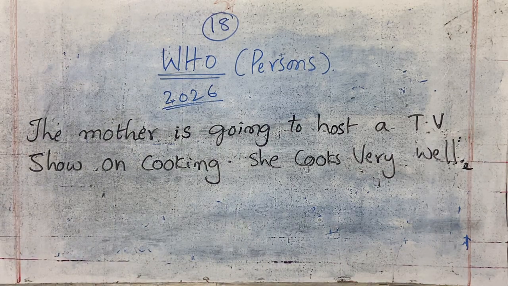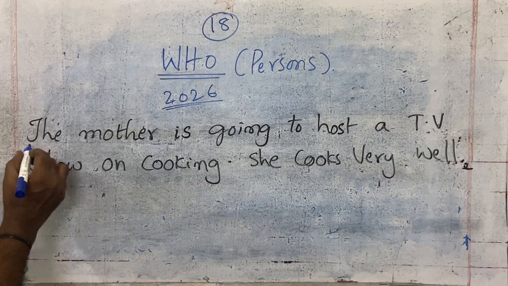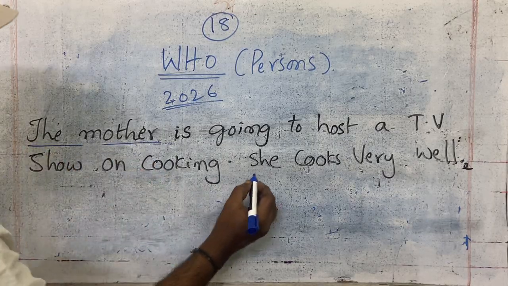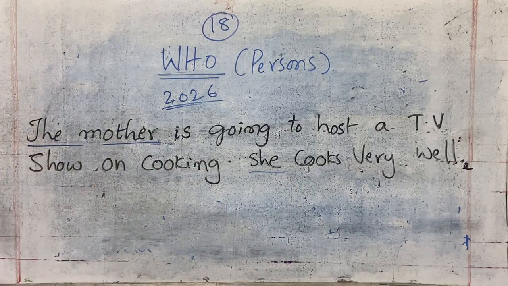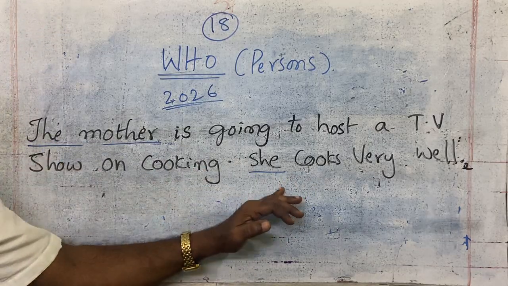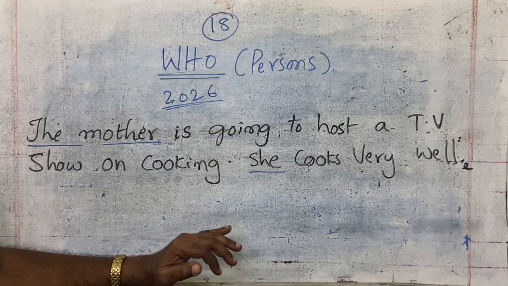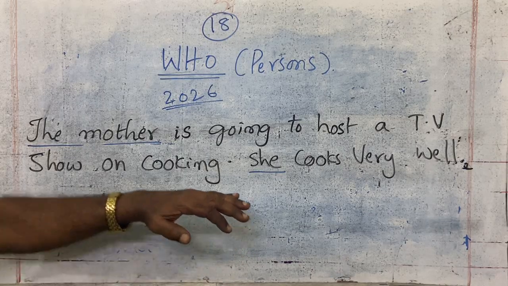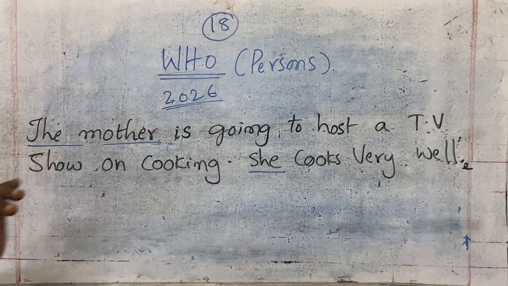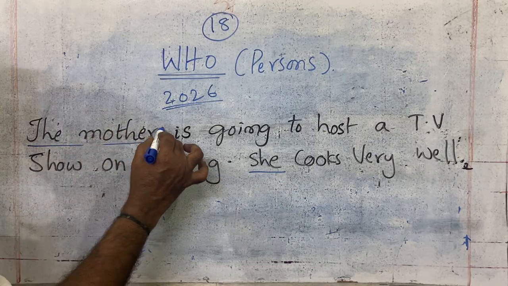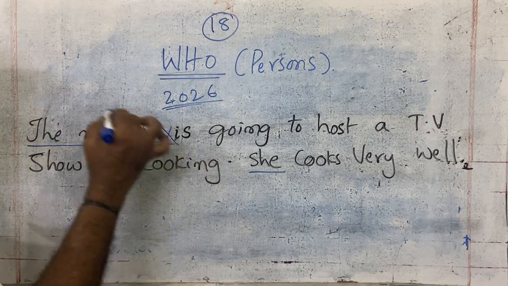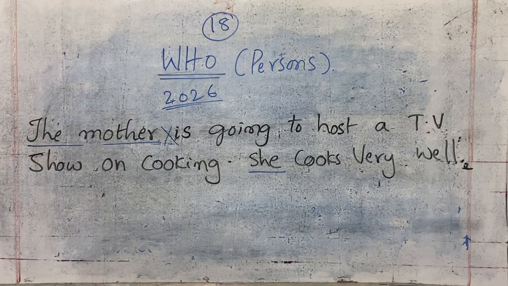Look here. First we have to observe the subject. What is the subject? First, mother. Here, she. Both are the same. When both are the same, it is considered defining, and here you take the relative clause. That is why we use who now.